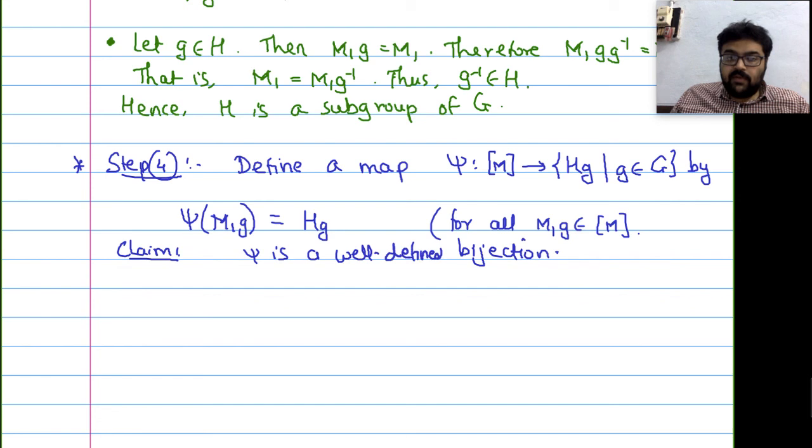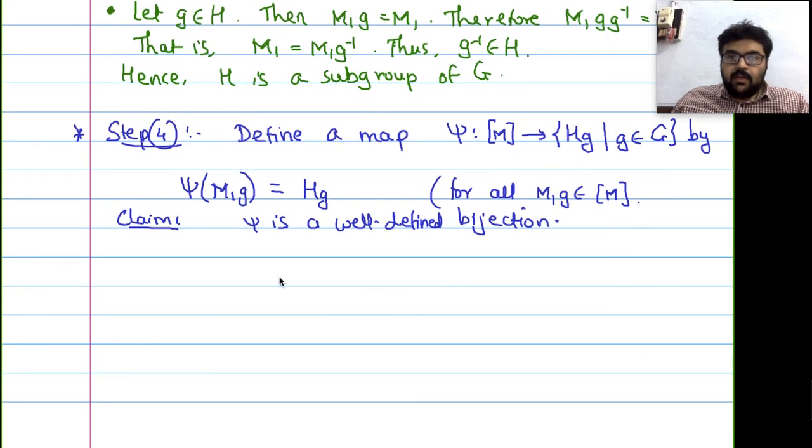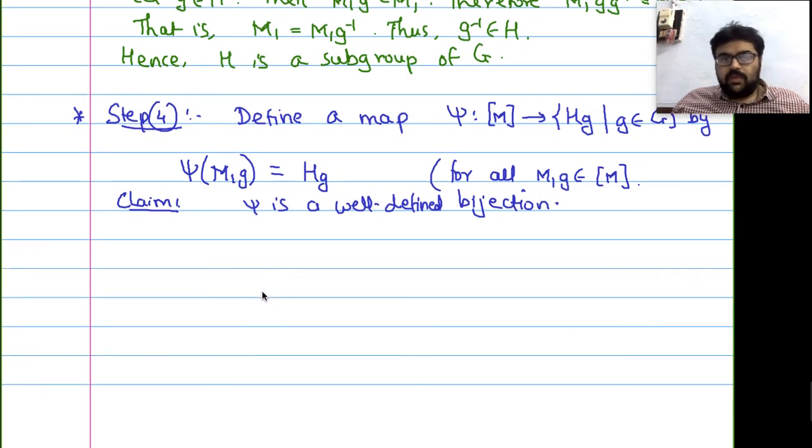One-one and well defined we will show in just one bullet, both birds. So if you want to show well defined, you can also start with one-one, it is the same thing. If you want to show well defined, if two elements are same, then their image also must be same.